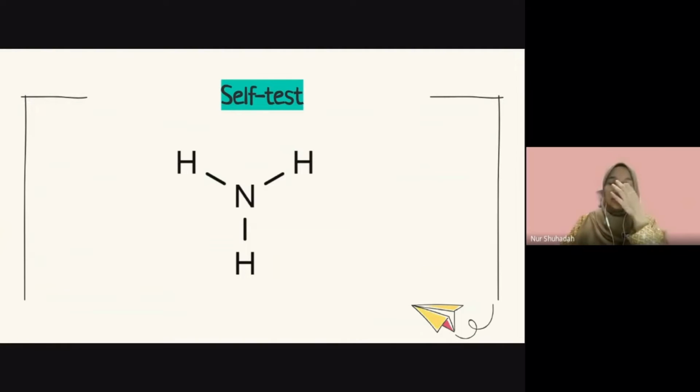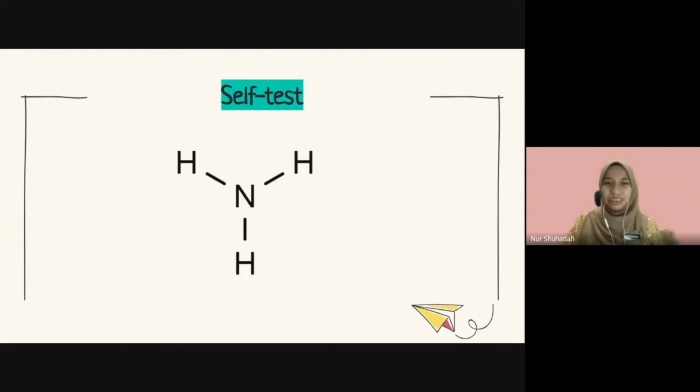Yes, correct. Based on the definition, the hydrogen atom must bond with FON in another molecule. So there is only one molecule, so it doesn't form hydrogen bond. The bond between hydrogen and nitrogen atom is a covalent bond. So please do not be confused about this.